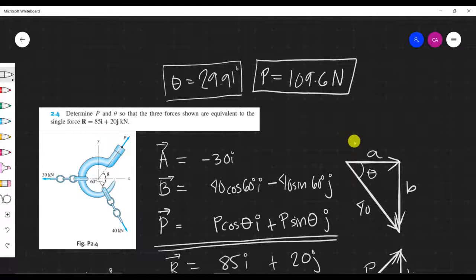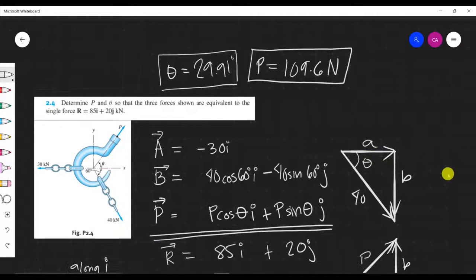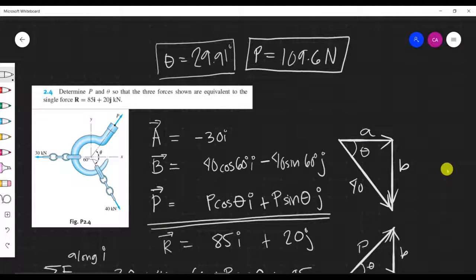Okay? So, balikan natin yung tanong. Determine the P and theta so that the three forces shown are equivalent to the force R 85i and 20j. At natagpuan natin na yung P is 109.6. So, ibig sabihin nun, P should be 109.6 at yung angle ay 29.91 degrees. Para kapag pinagsama-sama natin silang lahat, yung resultant is 85i plus 20j.